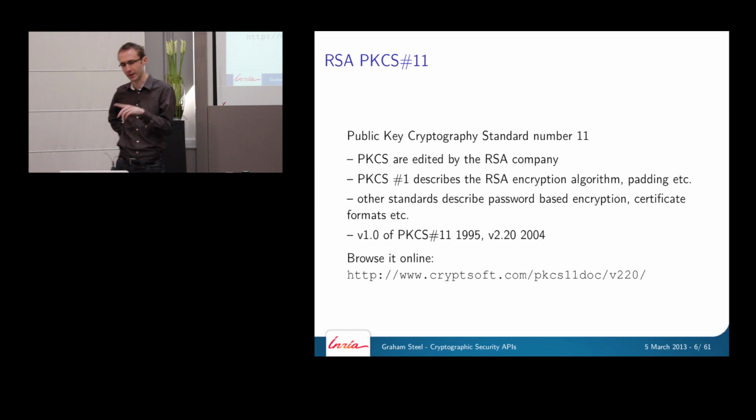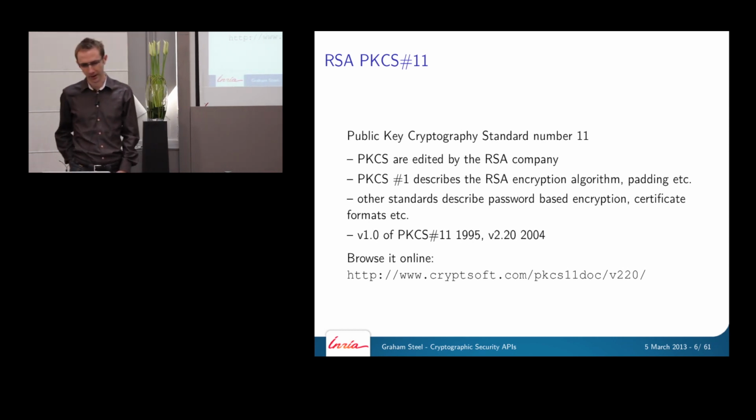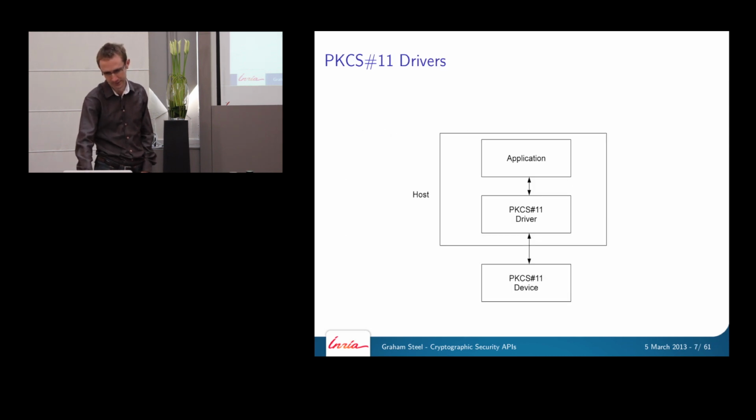So that will become a bit more clear later on. And the current standard, the in-use version, is version 2.2, which still dates only from 2004. There is a version 2.3 in public draft at the moment, but it hasn't been adopted as the new standard. And if you want to browse it, there are lots of nice people who offer nice HTML interfaces to browse it online. It's a pretty big standard. It's about 400 pages of PDF to read.